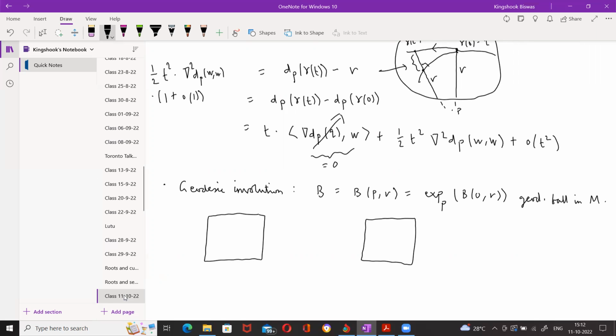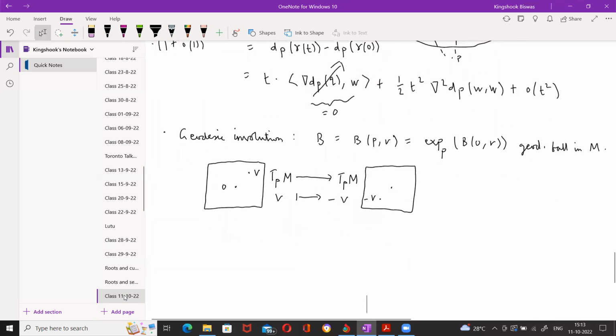From the tangent space to the tangent space, I have a map which is just reflection through the origin from T_P M to T_P M. V goes to minus V. Here's 0, here's V, it goes to minus V.